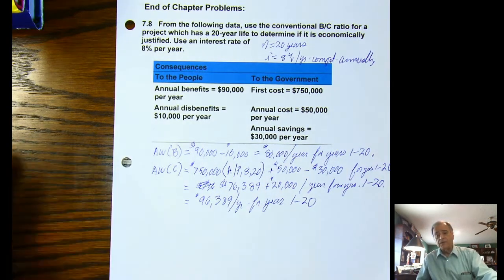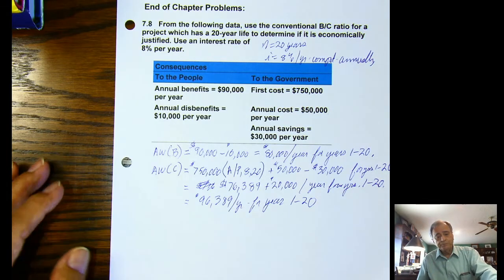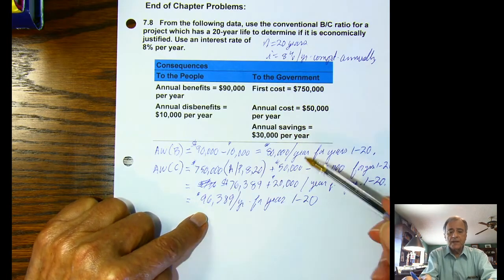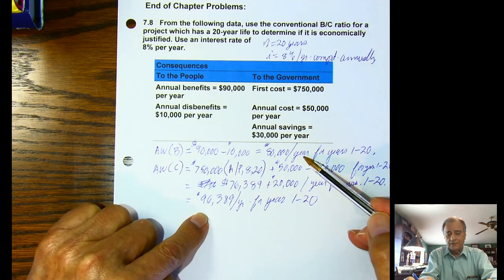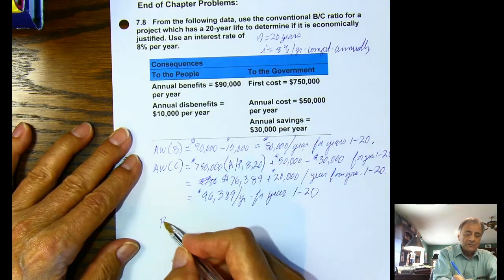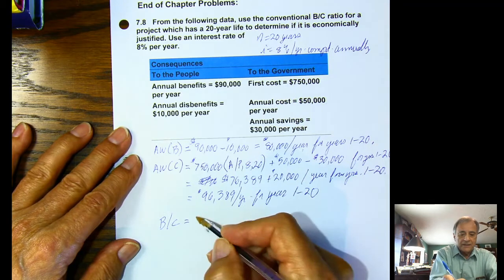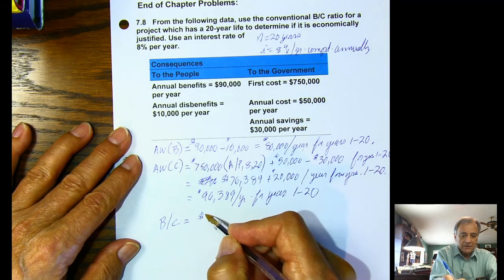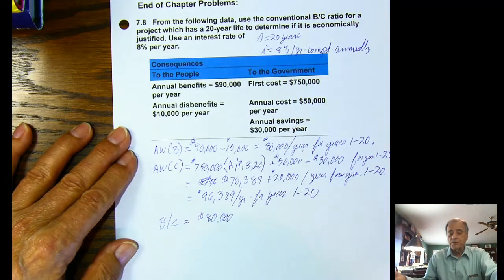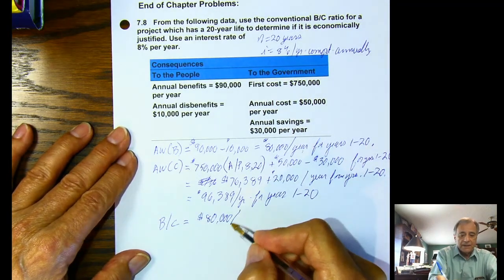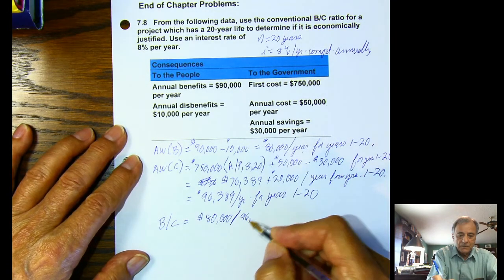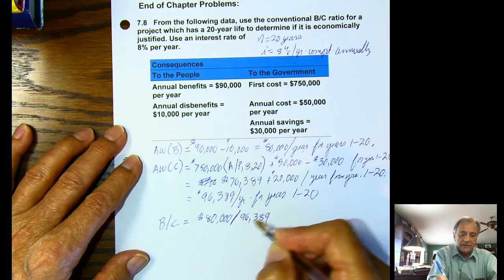And now we just have to calculate the ratio. Well, we have cost of $96,000 a year, and we have net benefits of $80,000. Doesn't look too good. So our BC ratio will be $80,000 per year for 20 years, divided by $96,389.